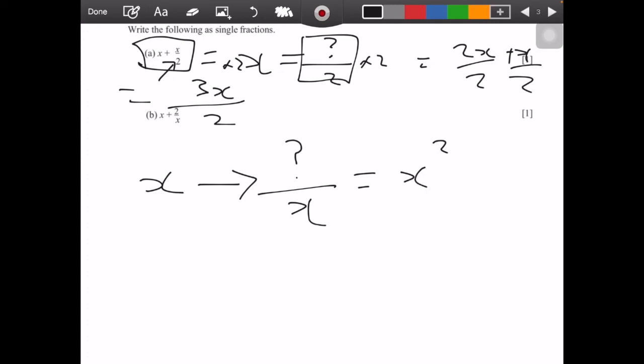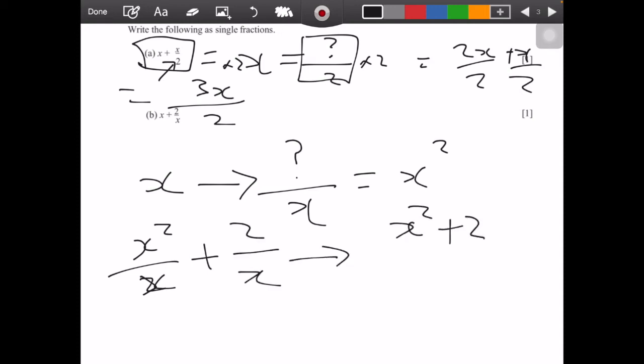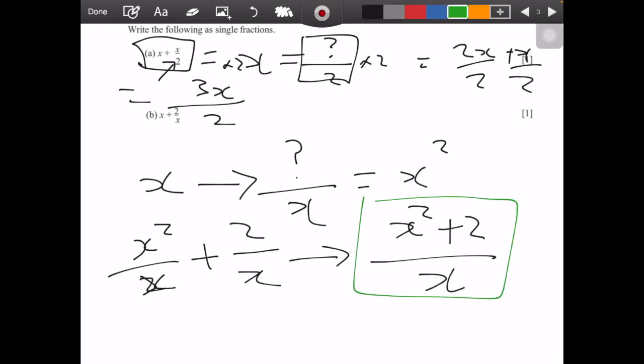And it is a bit complicated to grasp at first, but once you get the idea, it'll be much simpler. And once we have x squared, we just use the same principles, x squared over x, in addition to 2 over x. Thus, we get x squared plus 2 over x as our final answer.